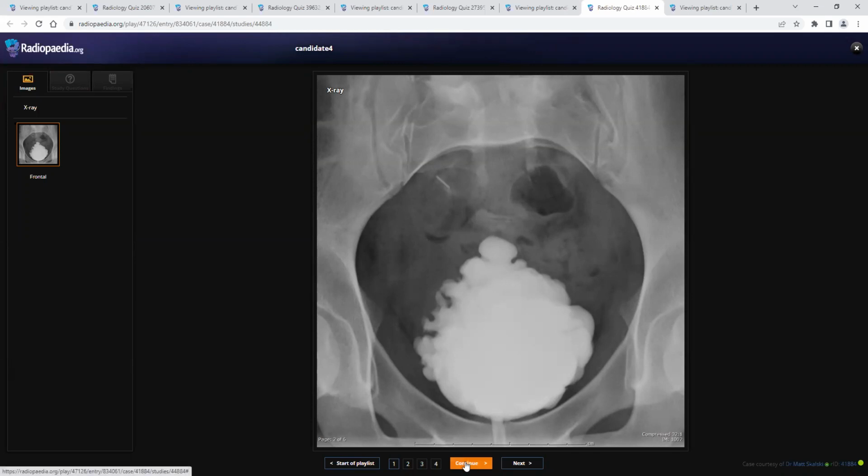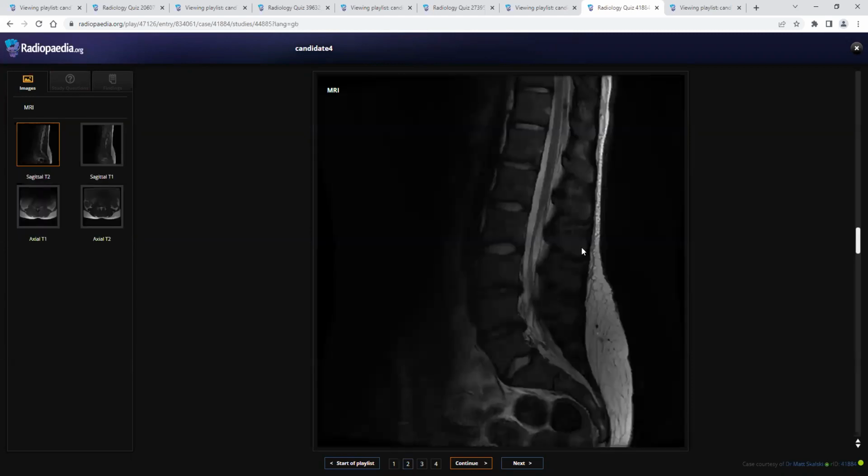Okay. Yeah. As you told, we have proceeded with the MRI spine. Ask for control. Yeah. Control. I don't know where the control option is. Yeah.